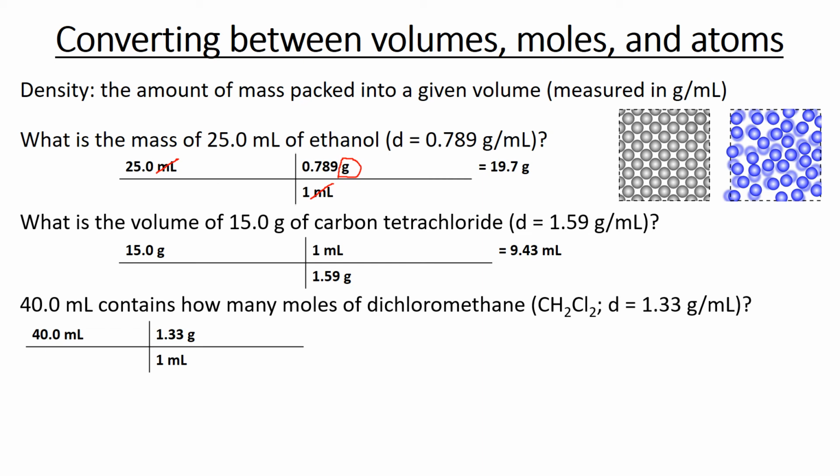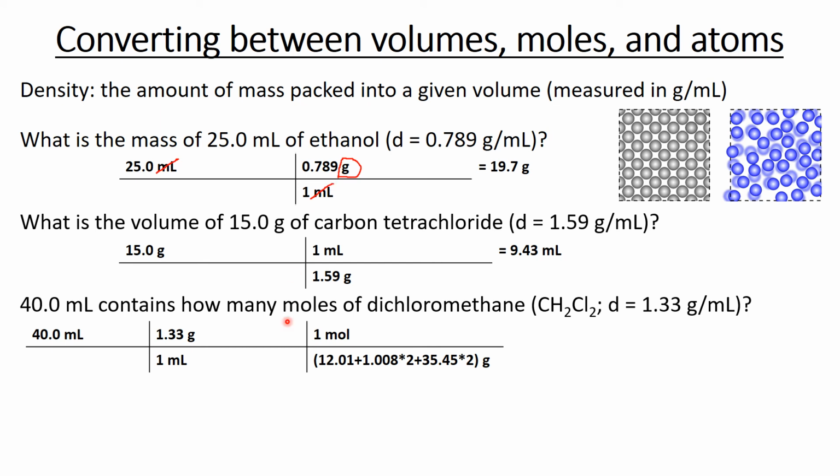Now I want to convert to moles. So how can I convert to moles? Write me the conversion factor that's going to go grams into moles. Well, I have 1 carbon and 2 hydrogens and 2 chlorines.